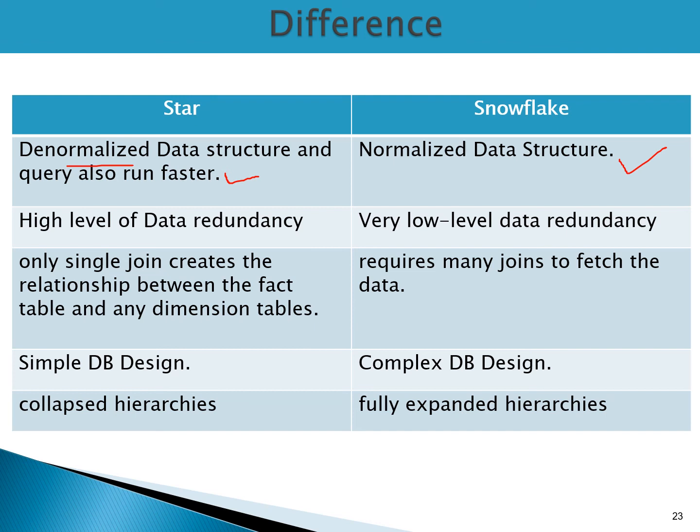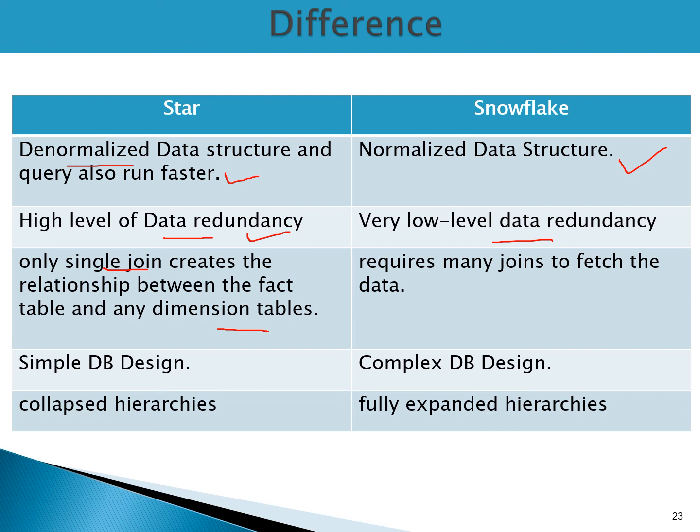Star schema has a high level of data redundancy, because the dimension tables are denormalized, so that's why redundancy can be there, and Snowflake, as compared to star schema, has a low level of redundancy. In star schema, a single join creates the relationship between the fact table and dimension tables, because there is only one kind of relationship and only two types of tables. So a single join creates the relationship.